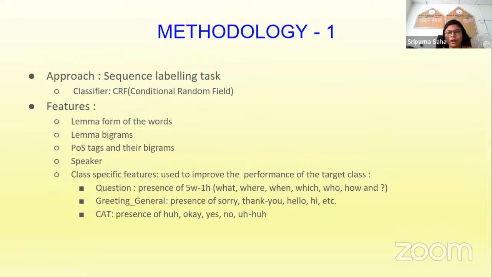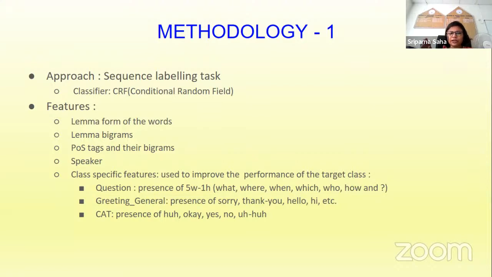So this is methodology 1, which I mentioned earlier. In methodology 1, we are extracting some manual features. We have done some feature engineering. Some features are the lemma form of the word, which is basically the root form. A word may have prefixes and suffixes, so we discard those and generate the lemma form of the word.